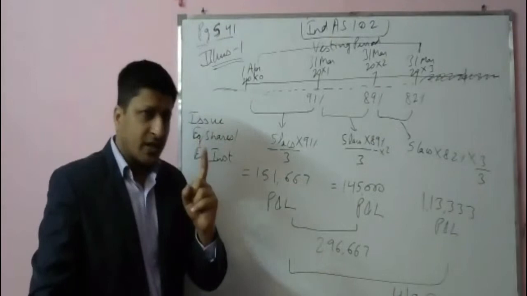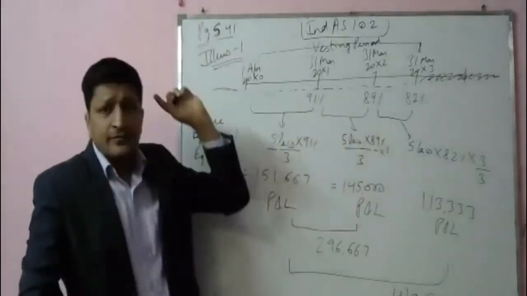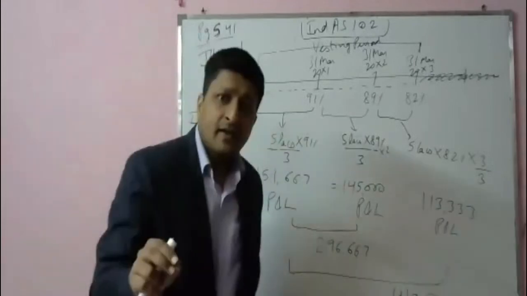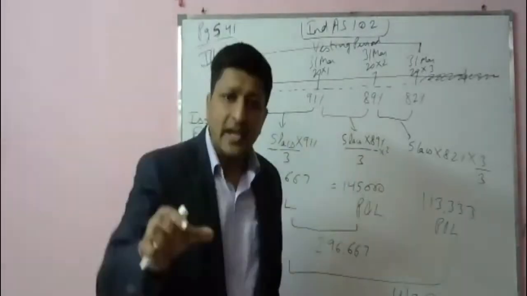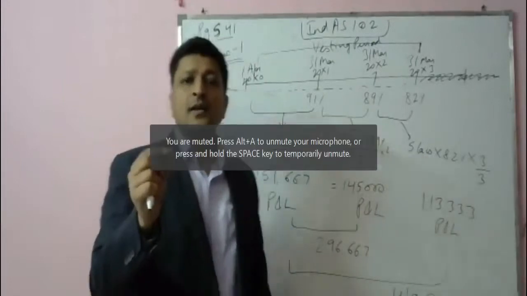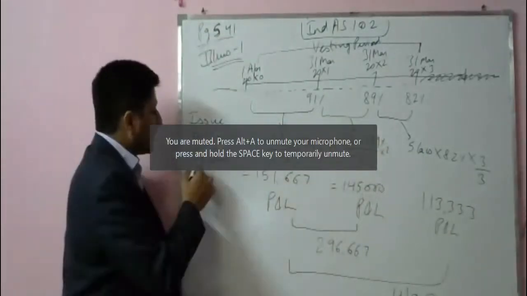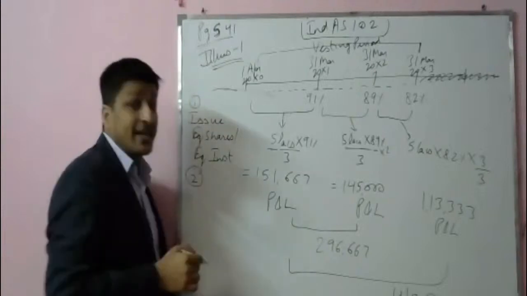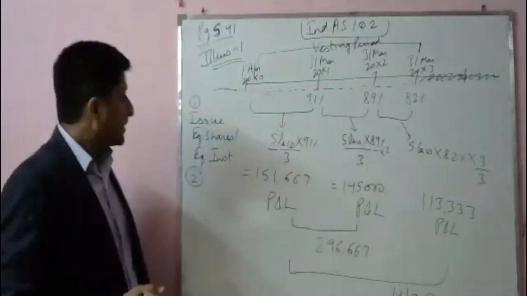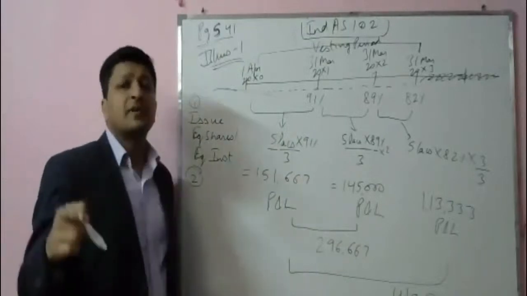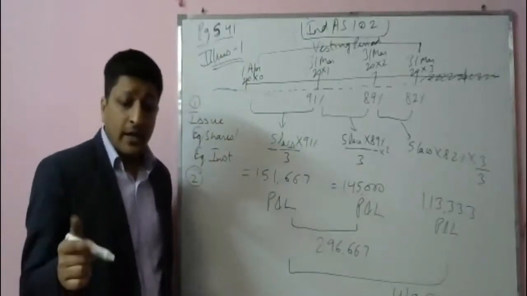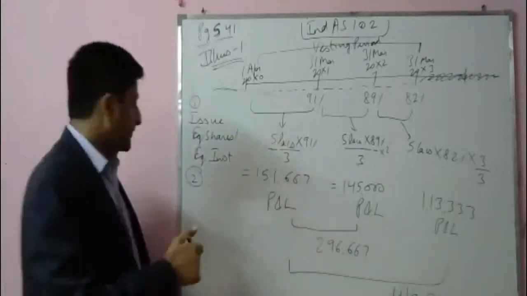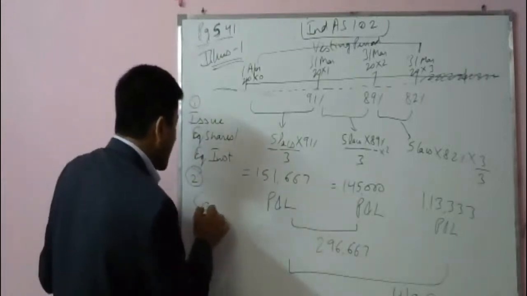So the first option is that at the end of the third year, the company will settle by issuing equity instruments. The second option is that the company will not settle through equity instruments. Instead, the company will pay cash.